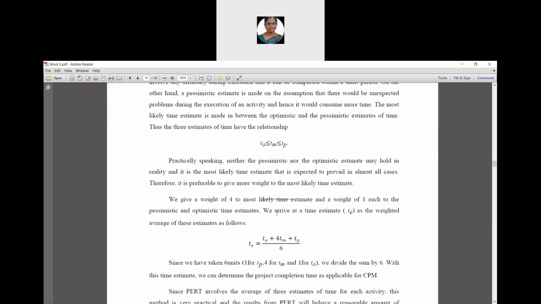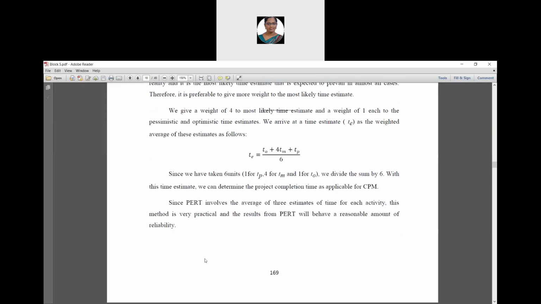Then we have the formula: the weighted average of these three time estimates is denoted by TE and it is calculated using the formula T naught plus 4Tm plus TP divided by 6. Since we have taken 6 units, 1 for TP, 4 for TM and 1 for T naught, we divide the sum by 6.